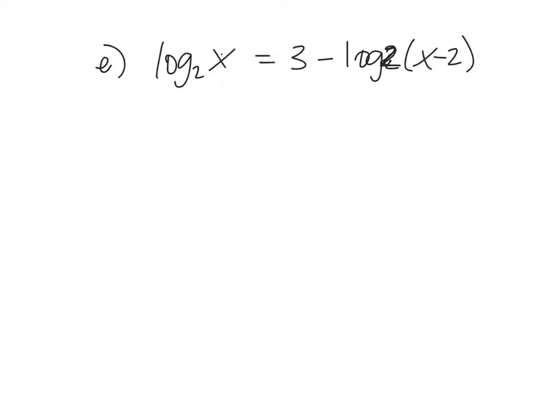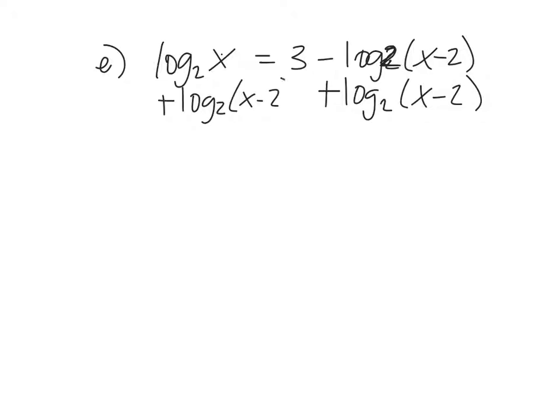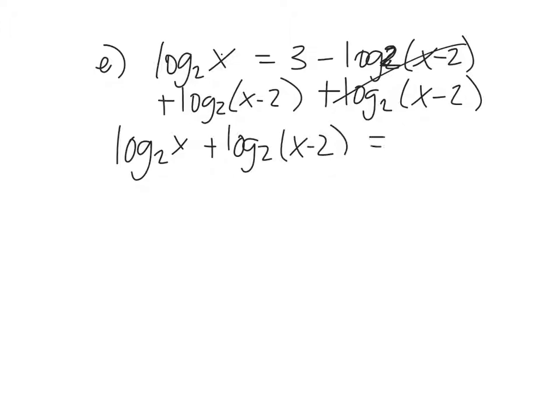So in this case, if I move the 3 over, that's not going to help. What I really need to do is combine my logarithms. So I'm going to add log base 2 of x minus 2 to the other side. Now I have log base 2 of x plus log base 2 of x minus 2 equals 3.